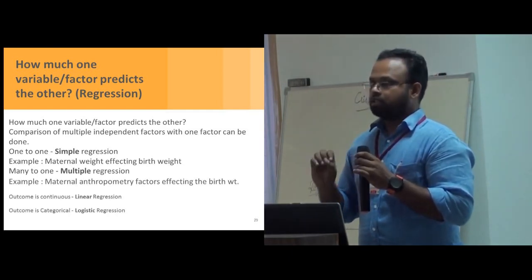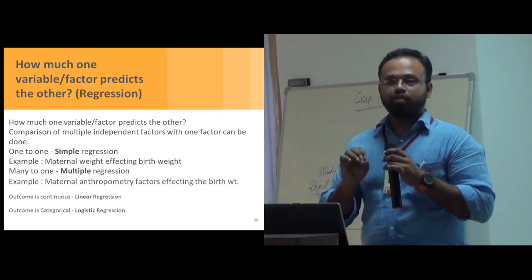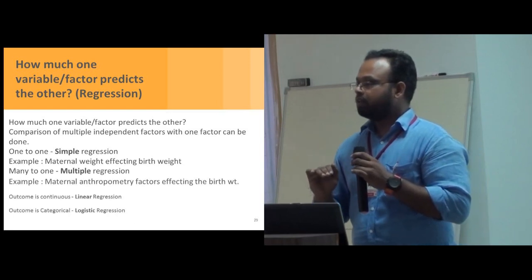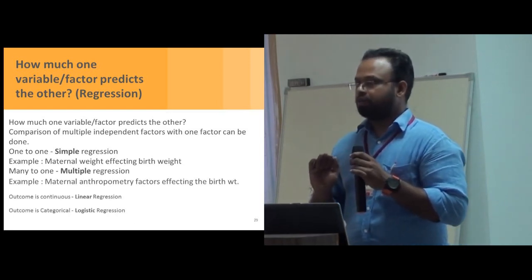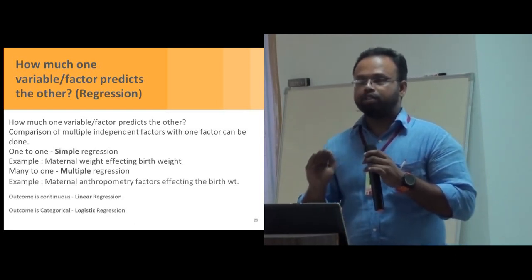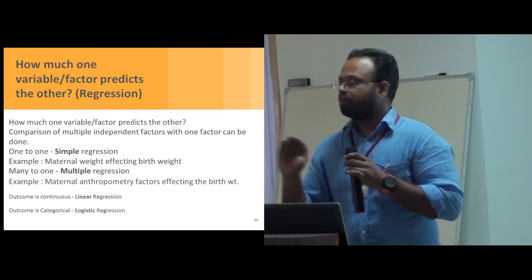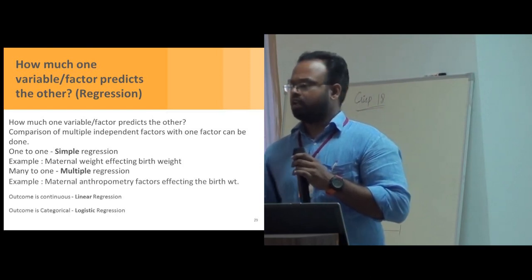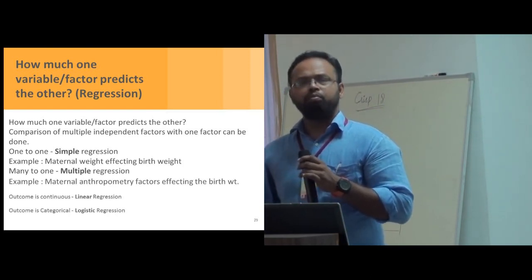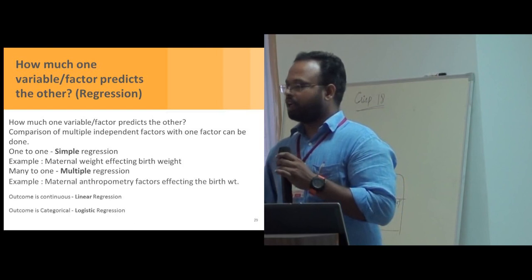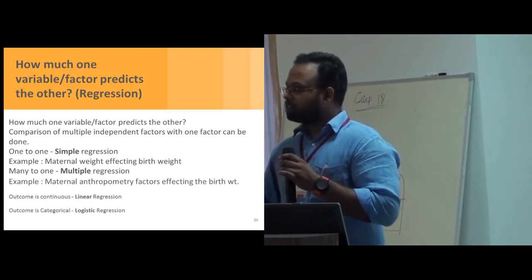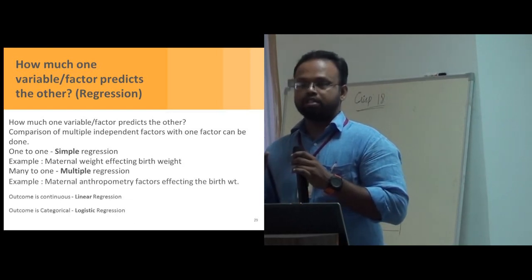This situation comes when you ask a patient to reduce weight for hypertensive treatment. When you are offering hypertensive treatment, you will offer weight reduction. So he will ask, okay sir, if I reduce 10 kilograms, how much will my blood pressure decrease?